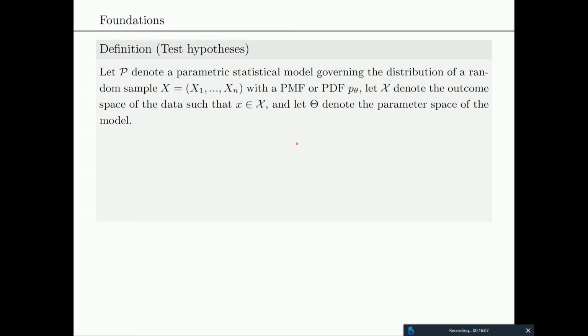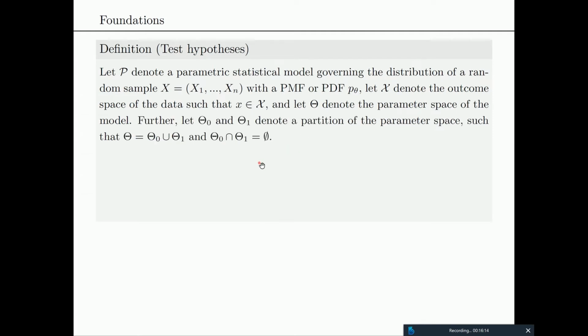And the question is now, what are test hypotheses? Without specifying yet what a test is, we want to specify test hypotheses. If we're talking about test hypotheses, we consider a partition of the parameter space. So we have this parameter space, and by a partition, in this case actually a binary partition, so a two-element partition, we mean two sets, Theta_0 and Theta_1, such that if you form the union, you get the parameter space, and if you form the intersection, you get the empty set.